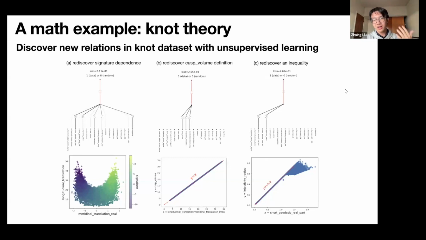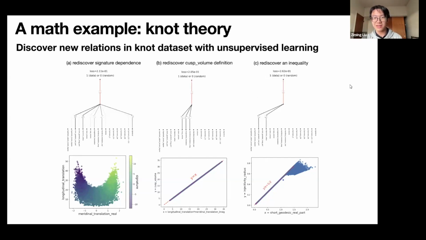By training 100 neural networks, we noticed that there are 3 types of KANs after training. The first type has a strong connection coming out of signature and also some other variables, which is exactly the signature dependence relation investigated in the DeepMind paper. So it's amazing, even in this unsupervised learning setup, this signature dependence can still pop up.